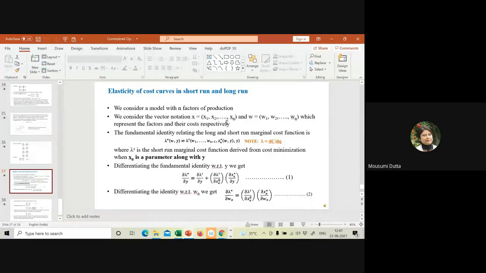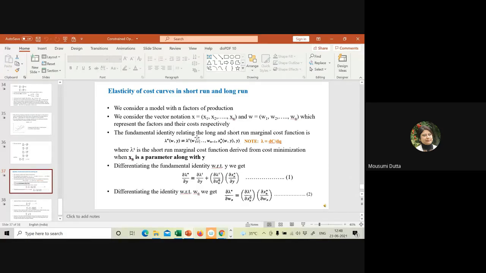X indicates the bunch of inputs, the entire set of n inputs. W indicates the entire set of n factor prices, representing the factors and their costs respectively.